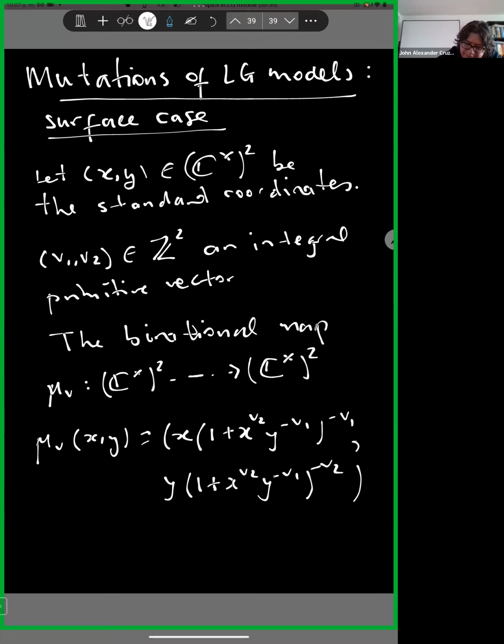This is actually called a cluster transformation.